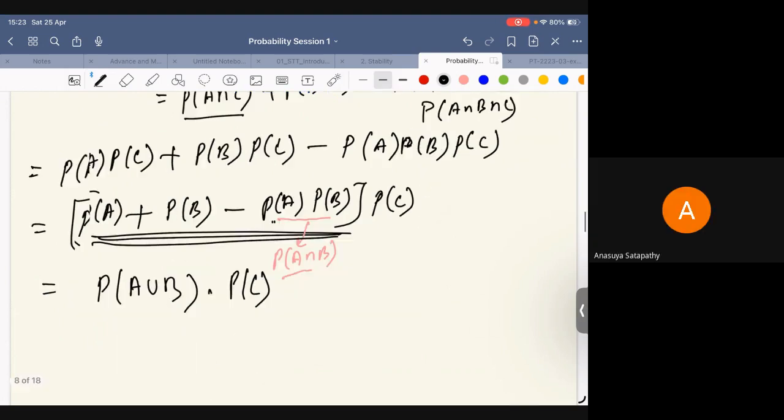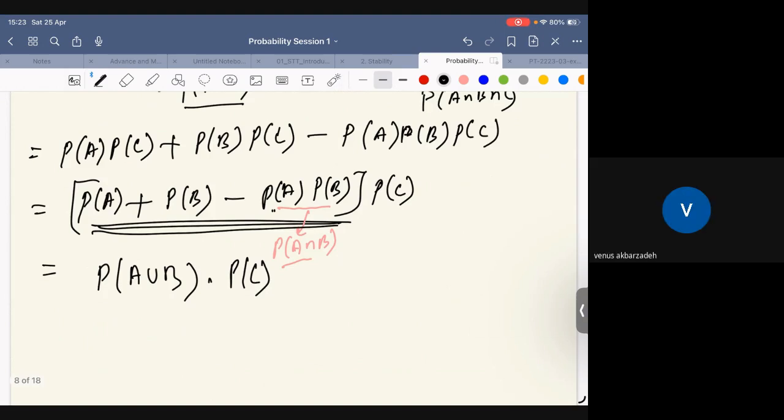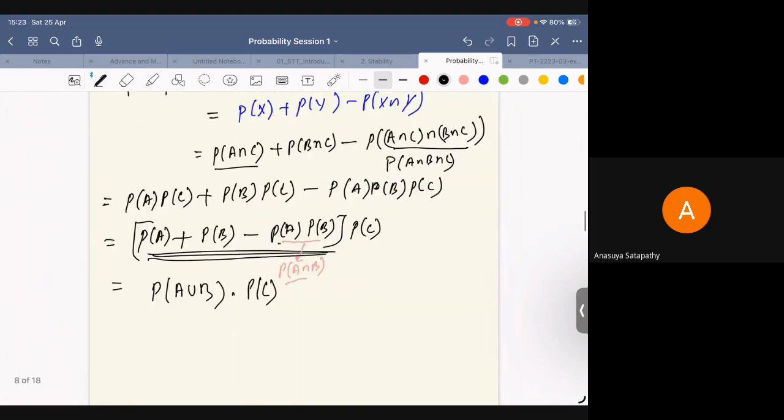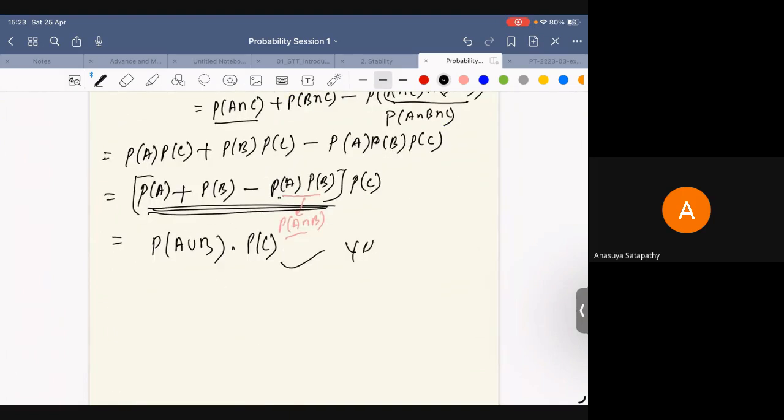Is it correct? Yes. So have we proved this one from this to this? Yes, we proved. So yes, independent. After applying the formula, just write yes, this pair are independent events.